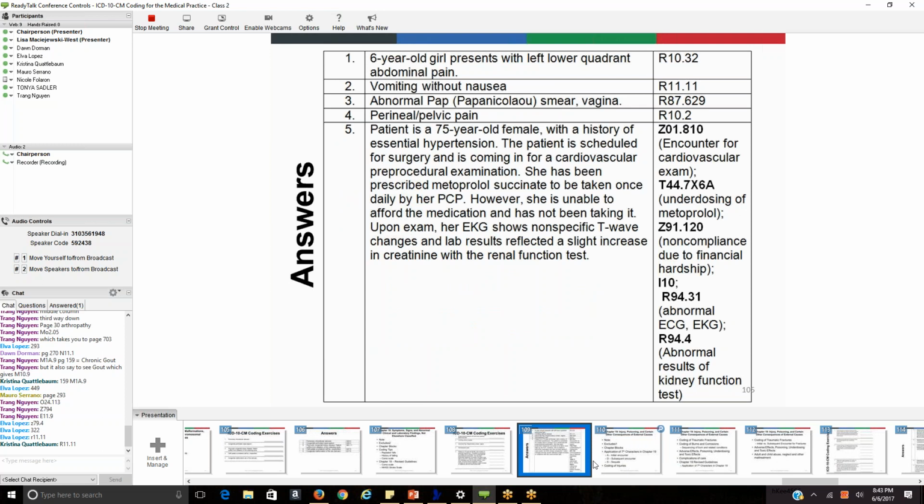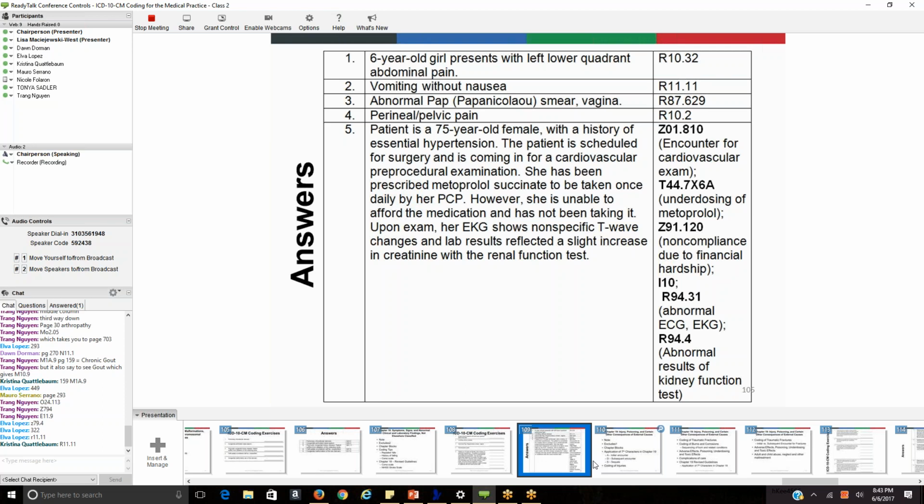Now number 5 will be a good homework project. Take the op note apart, separate it out, so you have all of the different codes. Look through the coding manual.